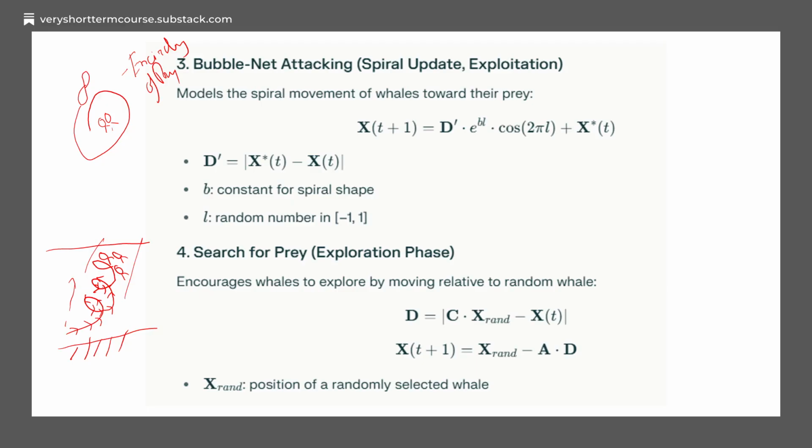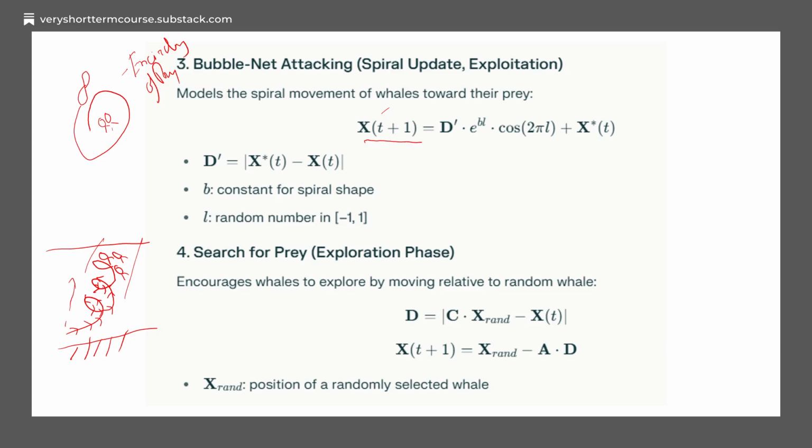Now this is mimicked numerically in the way I will describe now. So here also the value of x will come. The new position of x is indicated by x within bracket t plus 1. T is the number of iteration at the previous step. Plus 1 means in the new step.